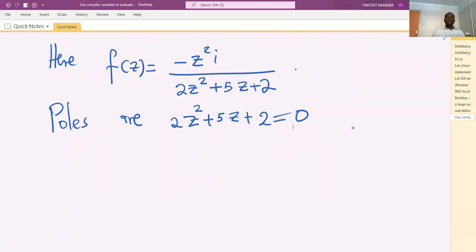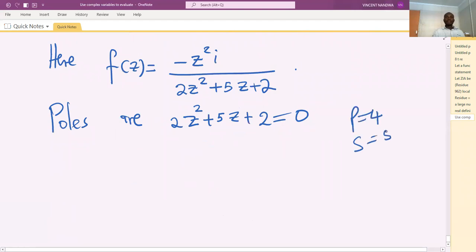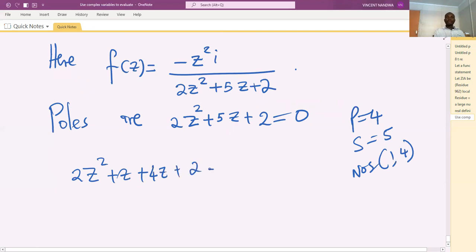Now product is 4, sum is 5, numbers 1 and 4. So we have 2z squared plus z plus 4z plus 2 equals to 0.